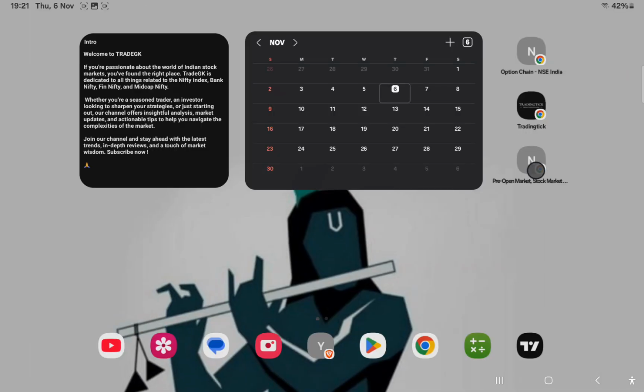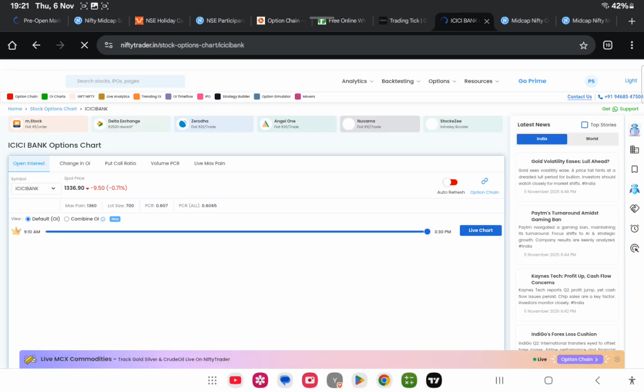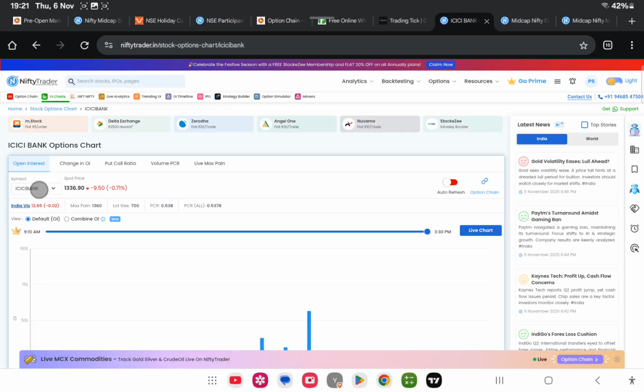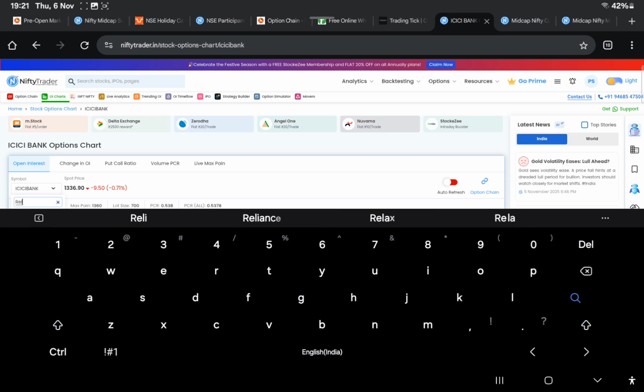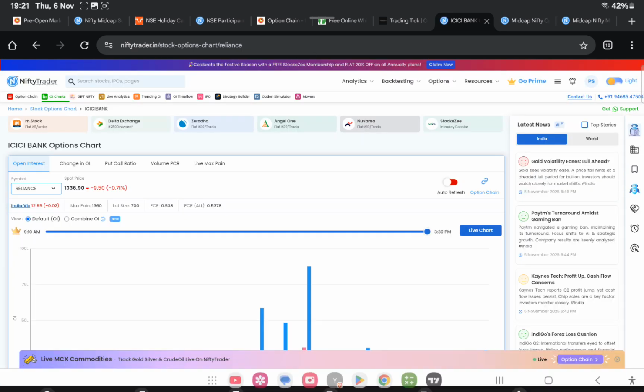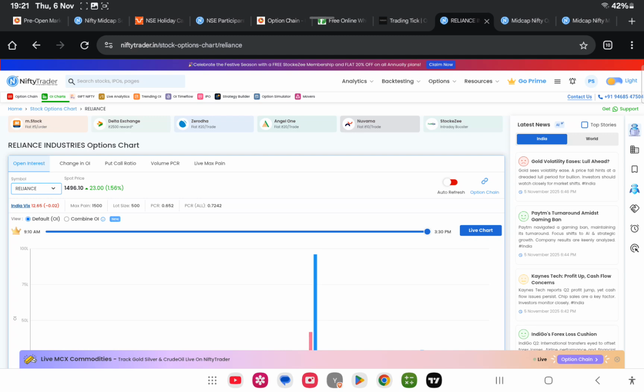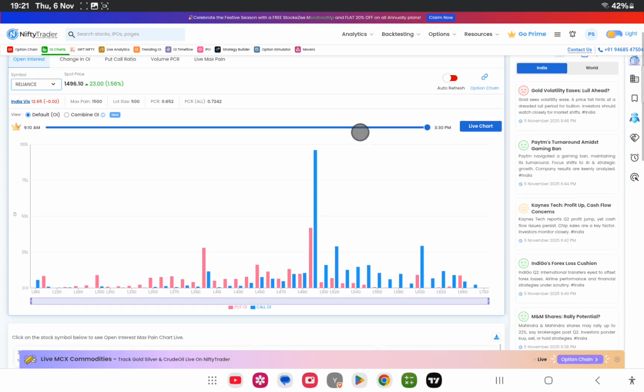Okay, now we'll move on to the open interest part, and then we'll try to analyze what is happening with the OI. So first we will check Reliance. So this is Reliance, so we'll take both the parts, that is open interest here.